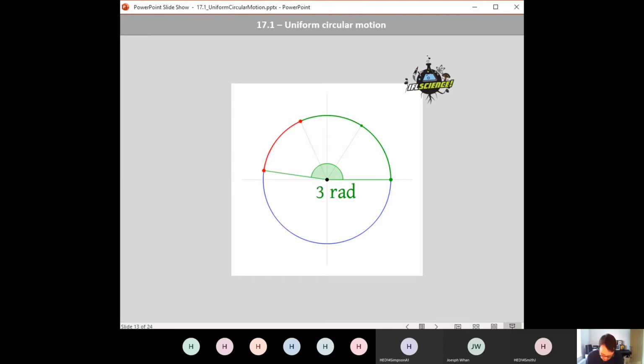So 1 radian will be 57.3 degrees, approximately. I'm going to put an approximate sign over that because, as we're using pi, it's a never-ending number. It's an irrational number. So we will have a long set of decimal places on that as well.